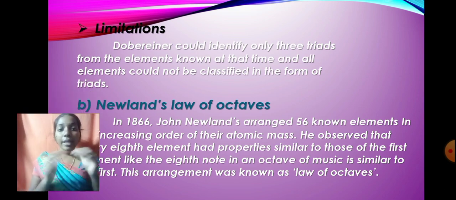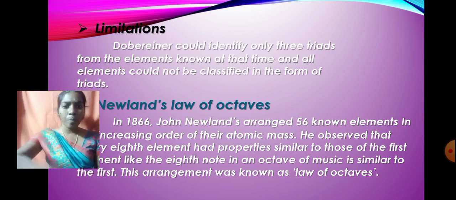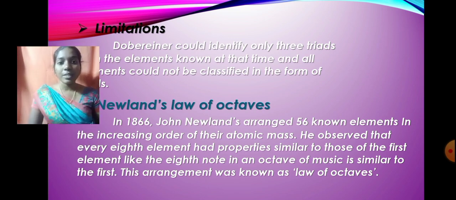Newland's law of octaves. In 1866, John Newland arranged 56 known elements in increasing order of their atomic mass. He observed that every eighth element had properties similar to those of the first element, like the eighth note in an octave of music is similar to the first.